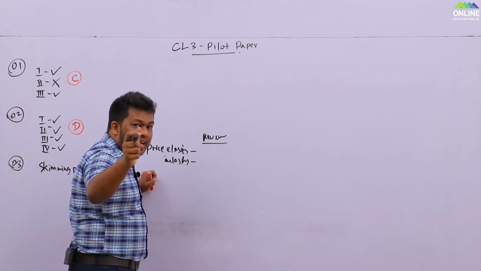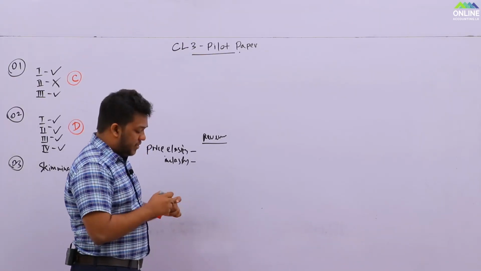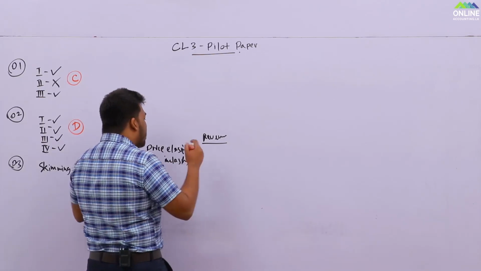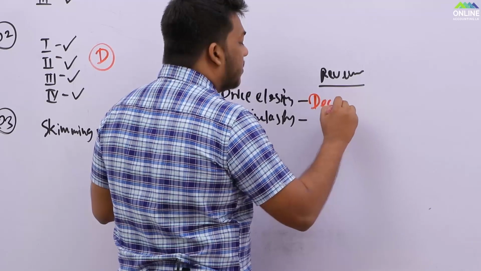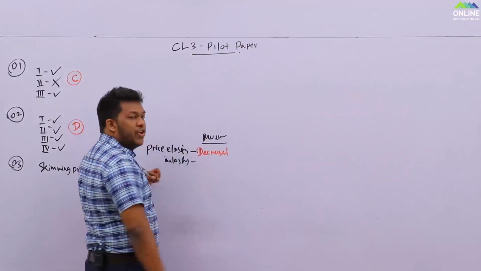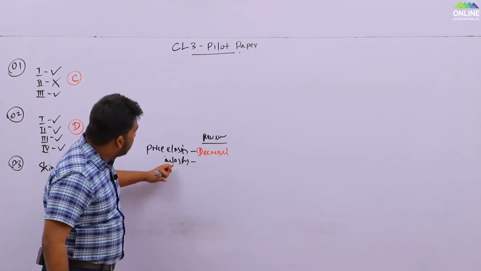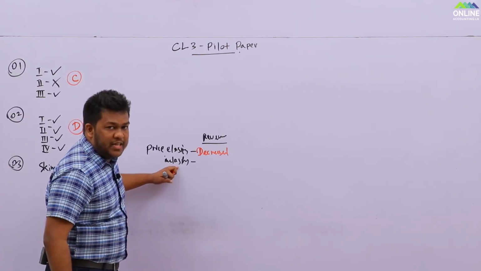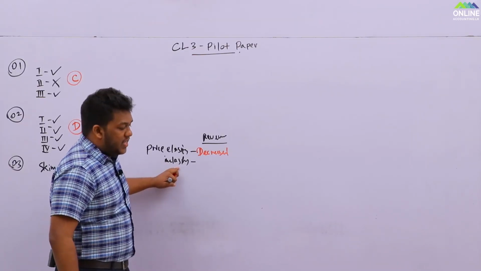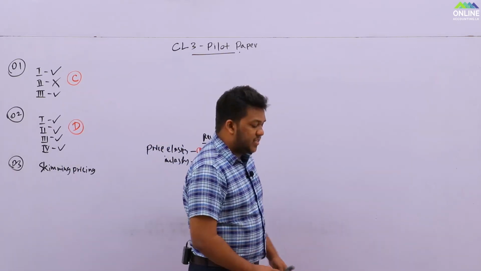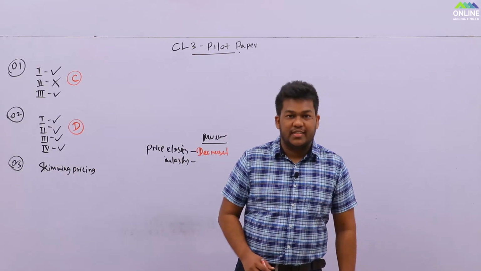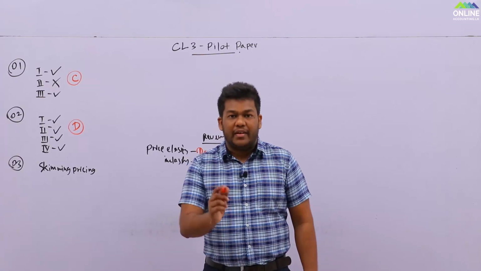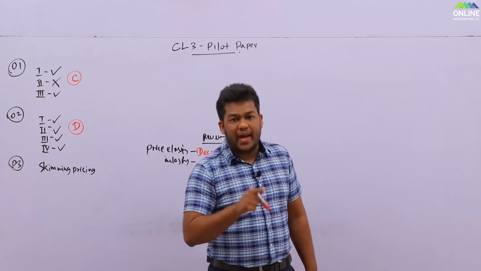In that case, will your revenue increase or decrease? Here, your revenue will be decreased. But in inelastic demand, let's say the best inelastic demand in Sri Lanka is alcohol. What happens when you increase the price?